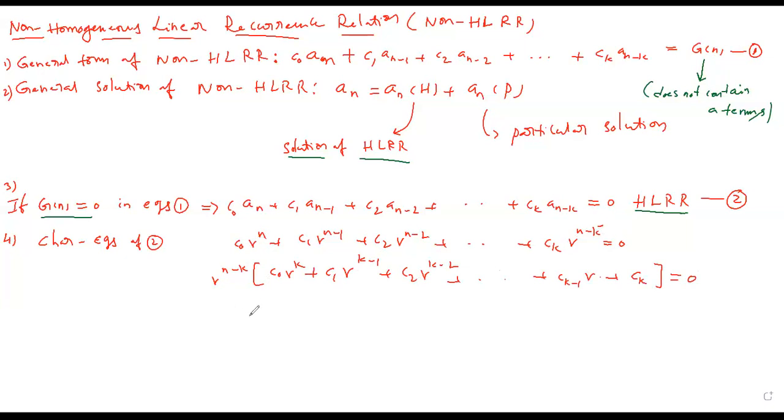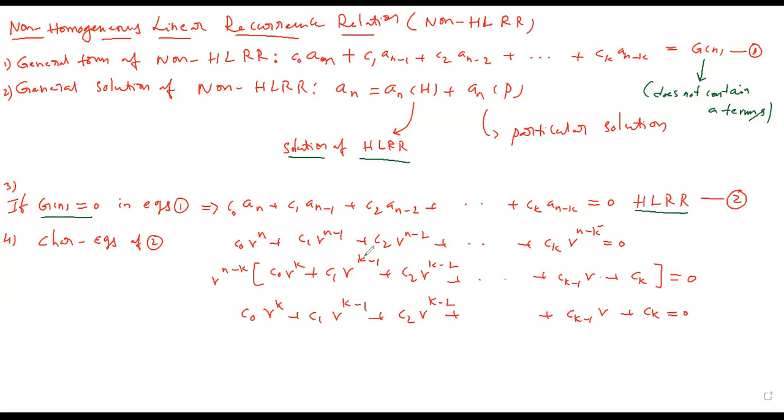Therefore, finally, this can be written as c0 r power k plus c1 r power k minus 1 plus c2 r power k minus 2 plus and so on, ck minus 1 r plus ck equals to 0. This is called the characteristic equation.